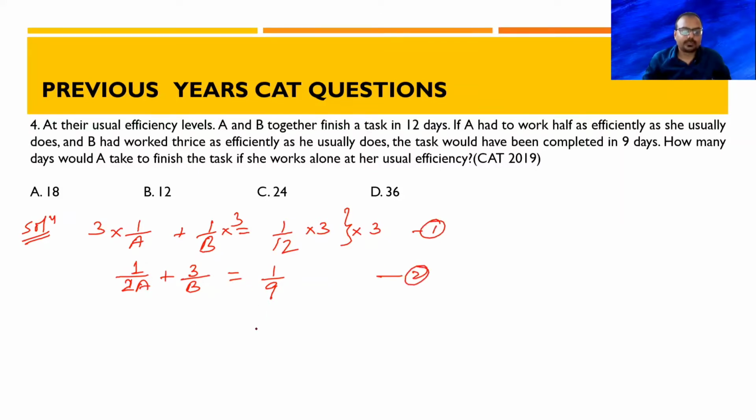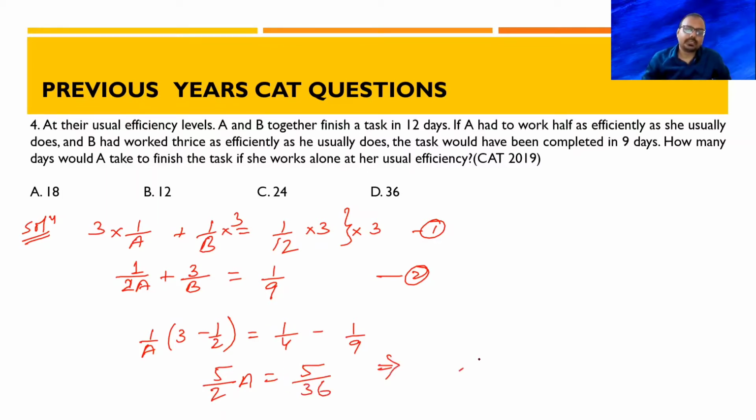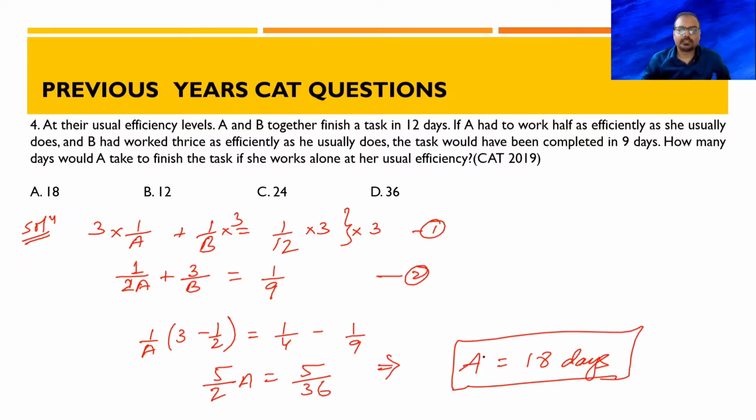So we get 1 by 4 minus 1 by 9, 1 by A, 3 minus 1 by 2. So here it is like 5 by 2A equal to 5 by 36. So finally we get A equal to 18 days. So if A has to complete the work alone, A is going to take 18 days.